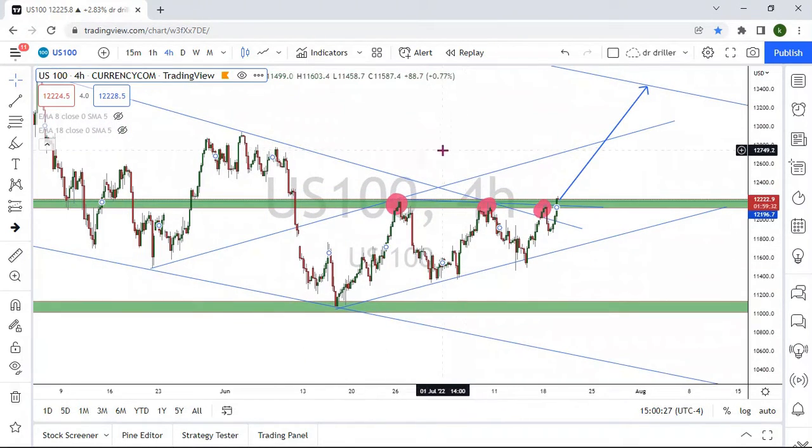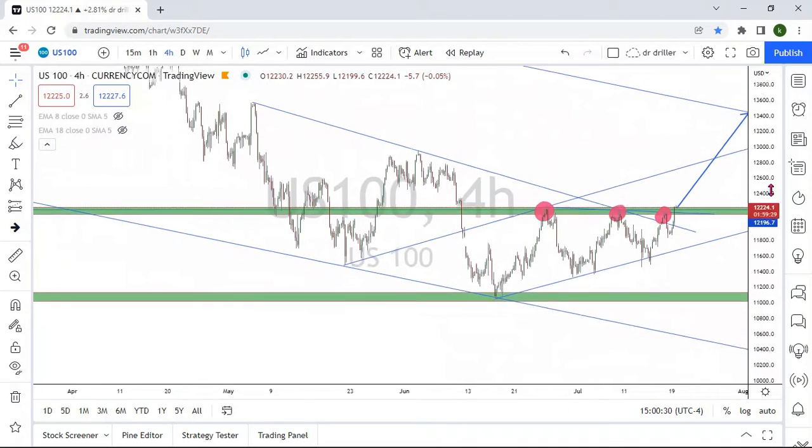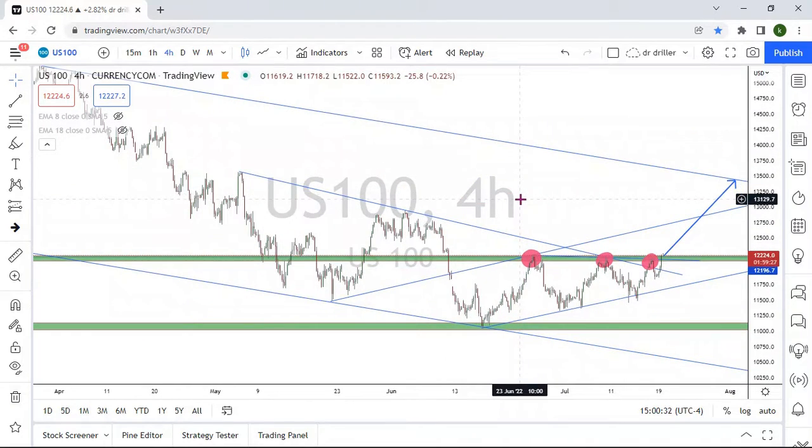When you look at the market on the bigger picture, you're able to take this as your first, second and third touch, right? The market then came to break above this, invalidating this structure over there.